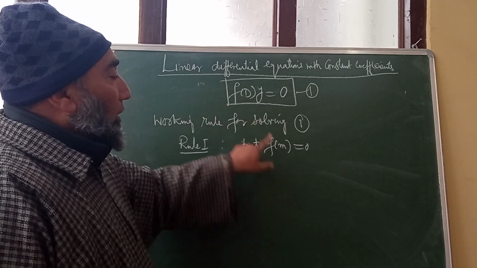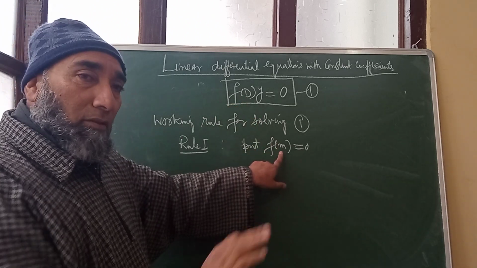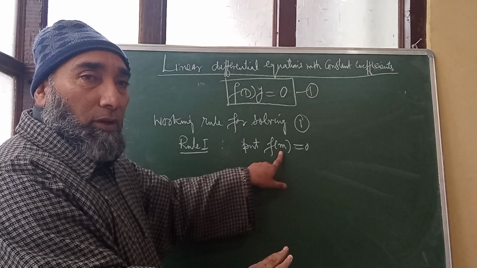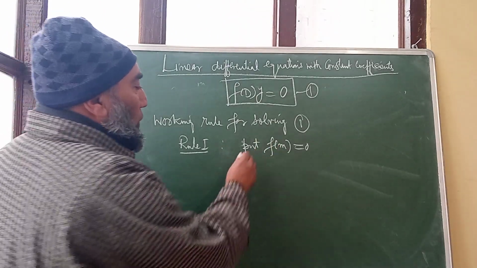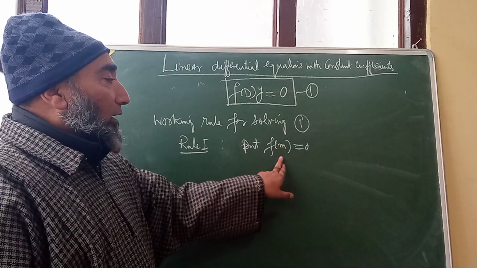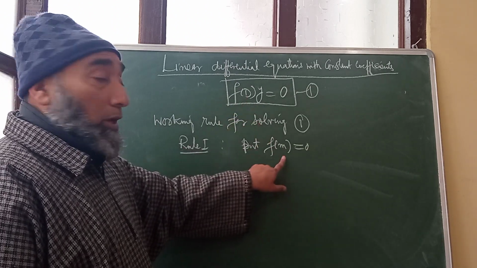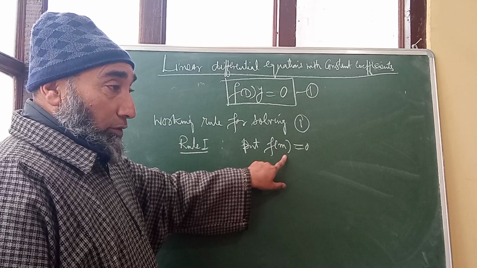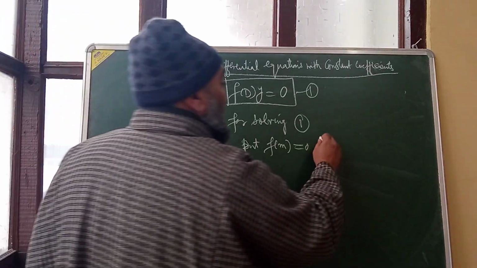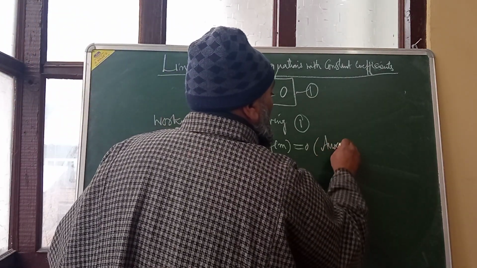Instead of f(D), I am writing f(m). I will just explain why I am writing f(m). Don't worry. I have to put f(m) equals 0. This is a differential equation, this will be an algebraic equation. This will be an equation known as the auxiliary equation.